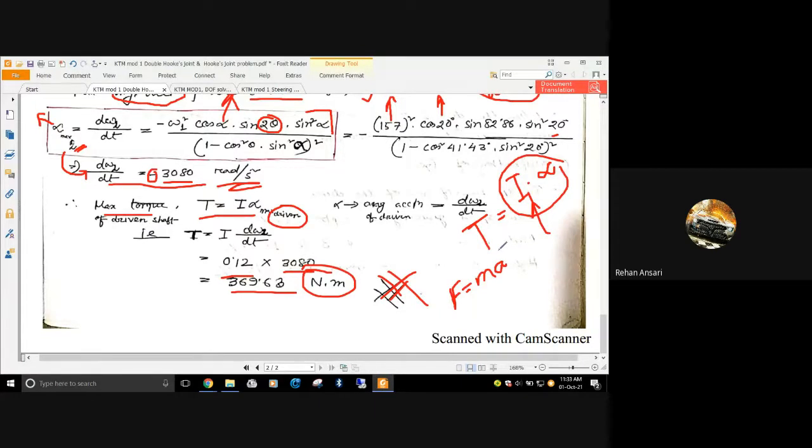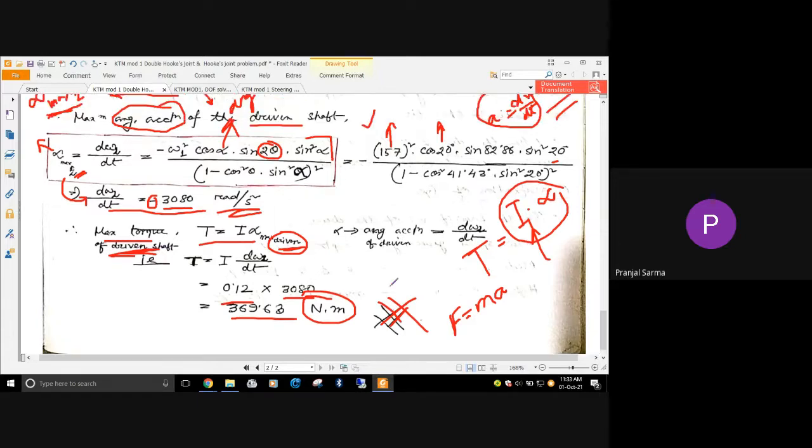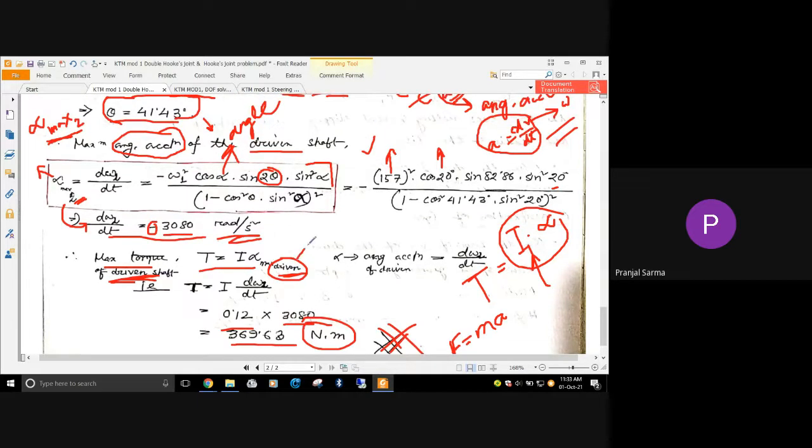Maximum torque T equals I alpha suffix M driven, sir. Yes, this is driven. We are talking about the maximum torque of the driven shaft, so we have to take the maximum value of alpha for the driven only. This denotation is for your understanding.